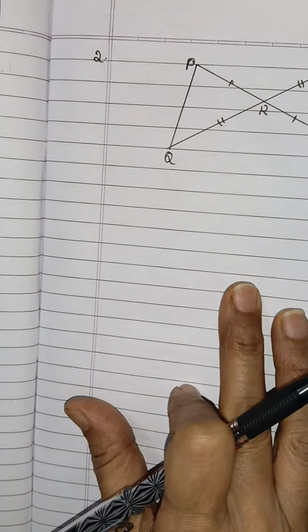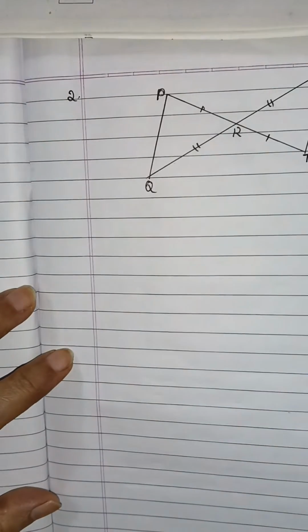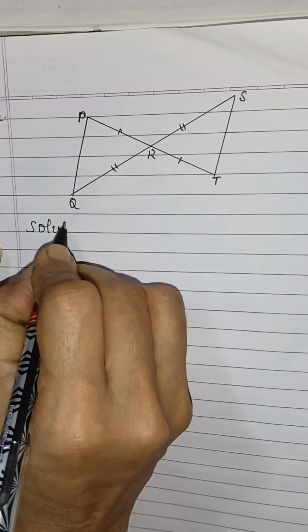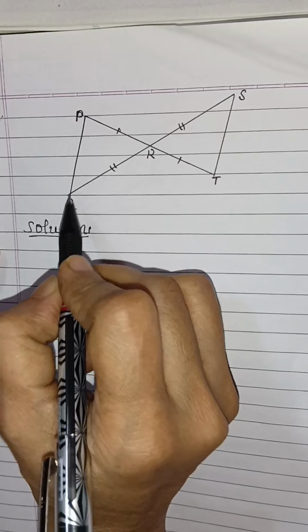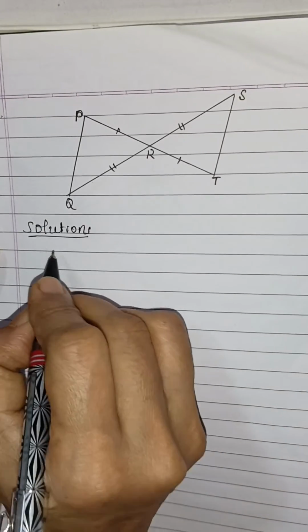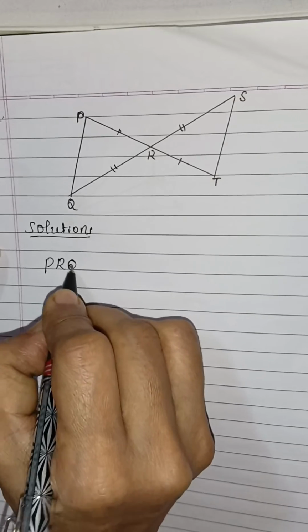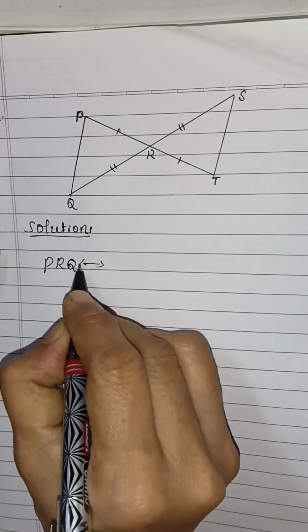See in this figure. Solution: PRQ corresponds with TRS.